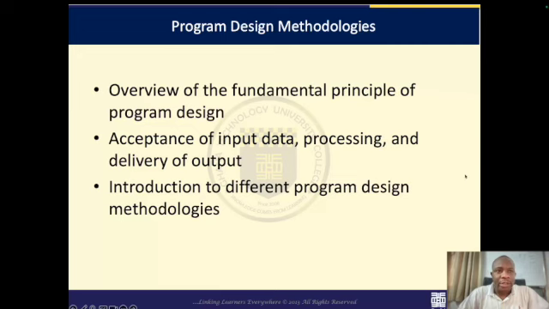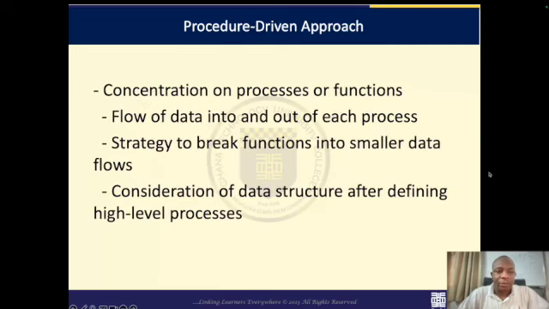What is a procedure-driven approach? In the procedure-driven approach, the program design is based on the idea that the most important feature of a program is what it does. That is its processes or functions.